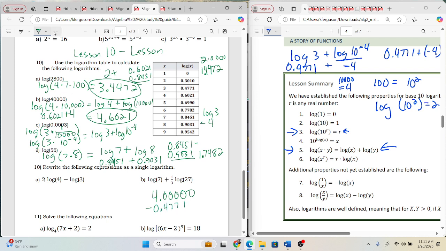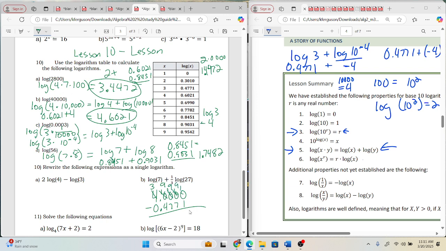I guess I didn't need that extra 0. Come on, man, erase. What the heck? There we go. Okay. So I'm trying to subtract this. I got to borrow. So I make this a 3, I make that a 10. But I'm still subtracting. So I make that a 9, make that a 10. Still subtracting. Make that a 9, make that a 10. Still subtracting. So make that a 9, make that a 10.